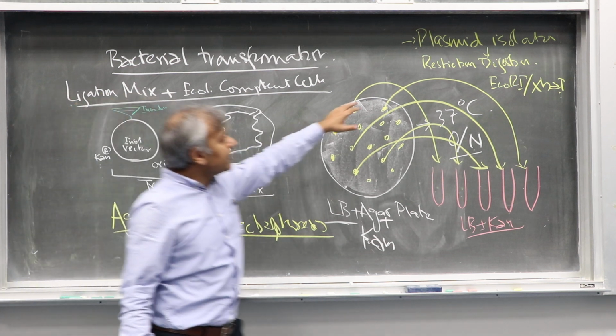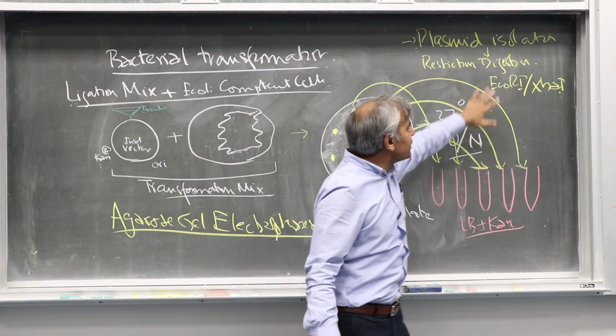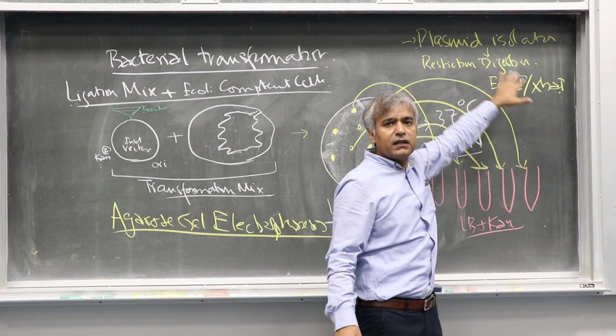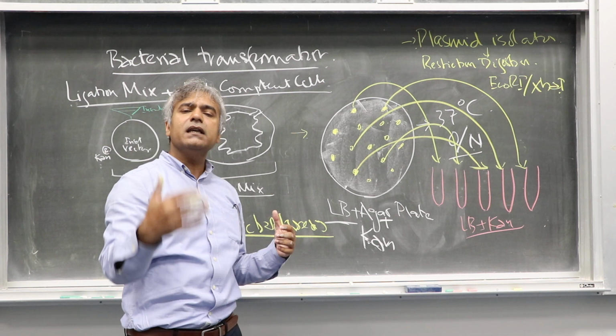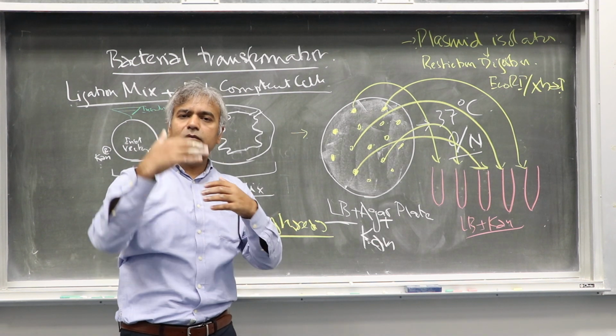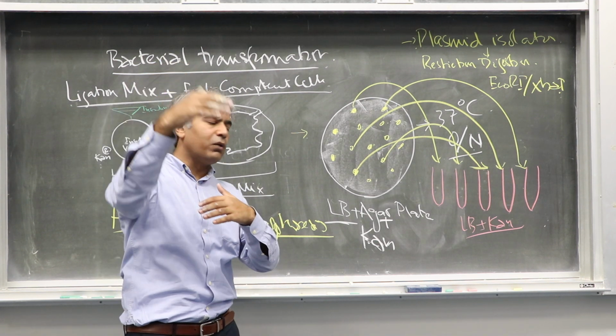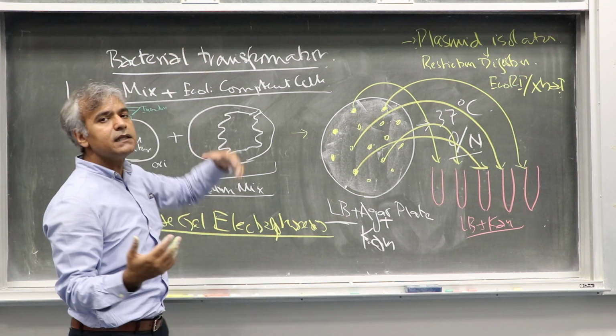So these plasmids from these bacteria are digested and run on the agarose gel, and there you will see two bands. One will be your vector, the other will be your insert.